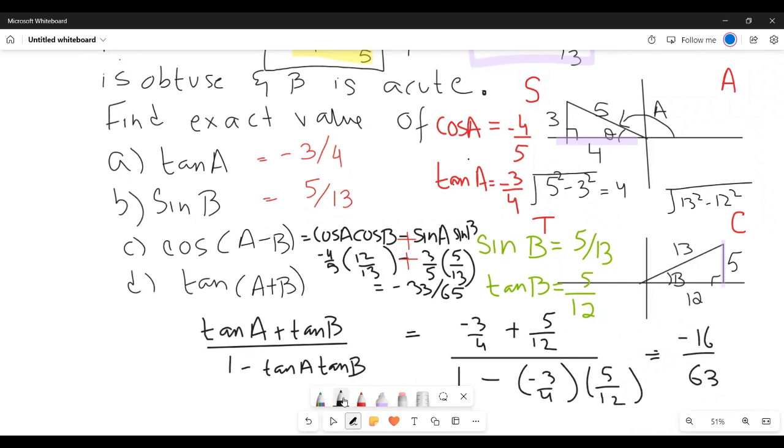Moving on. We're going to talk about double angle formulas now. Sine 2 theta, cos 2 theta, tan 2 theta.